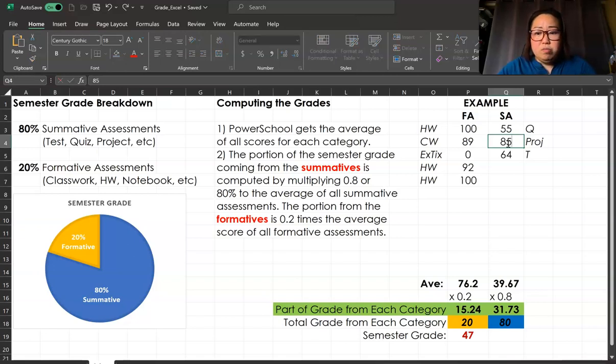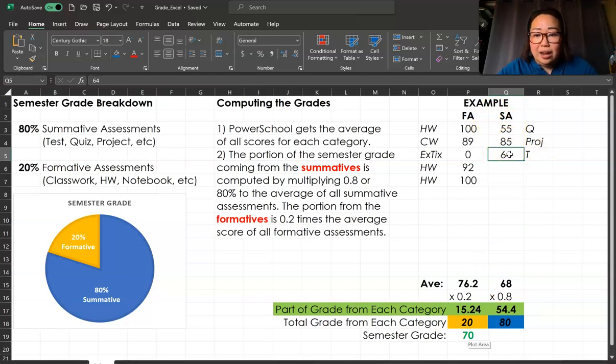Okay, so from a 0 to an 85, you can see that from a 47, it jumped super quick. From a low F, a 47 F, it is now at a flat C. That's a big jump. So this is an example of how important the summative assessments are.